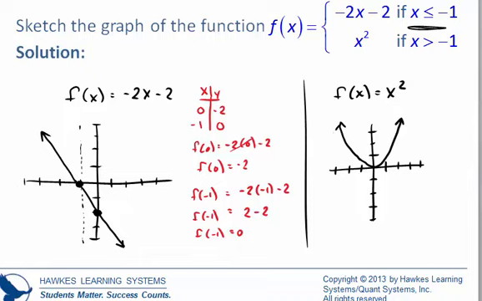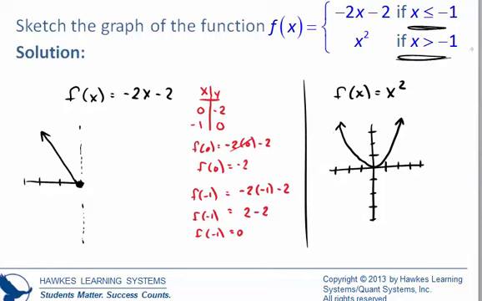And so I'm going to come in here with my eraser, and I am going to erase the right side of the graph. So everything to the left of that dotted line is going to stay, and everything to the right will go away.